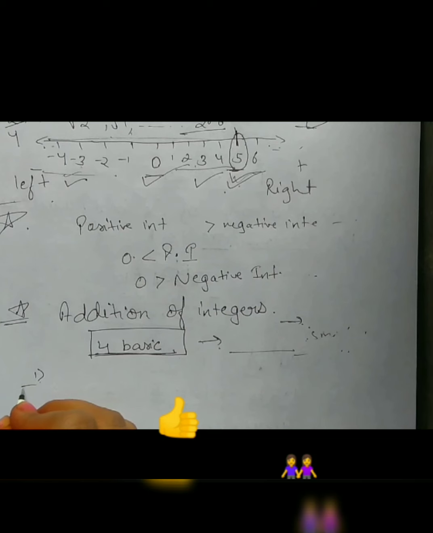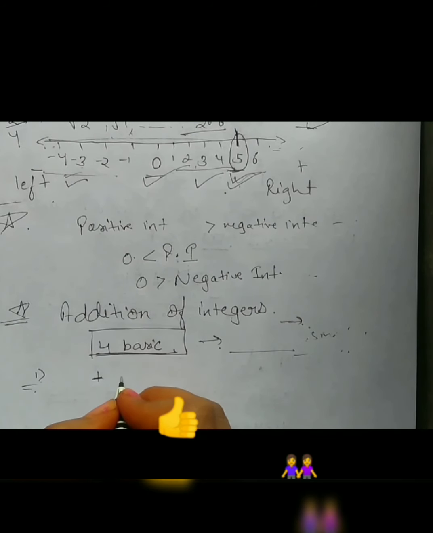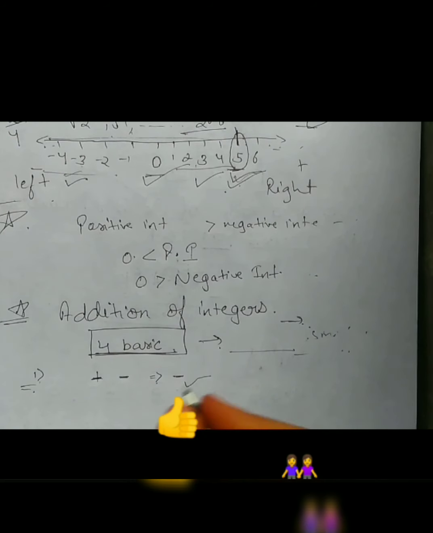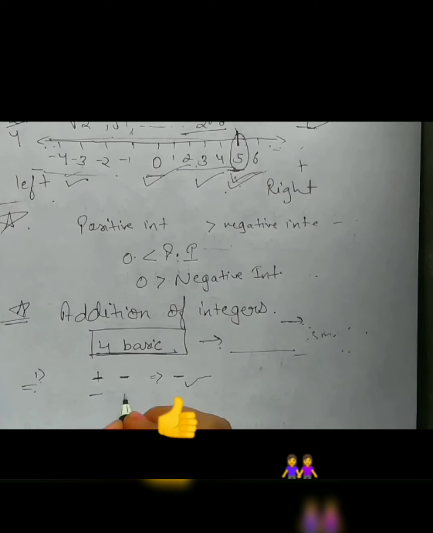When we have a positive integer and a negative integer, the operation performed will be minus, that is subtraction. And when we have the first integer negative and the second integer positive, the operation performed here will also be subtraction.